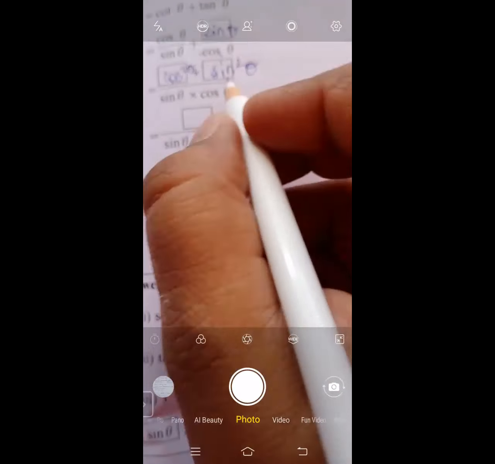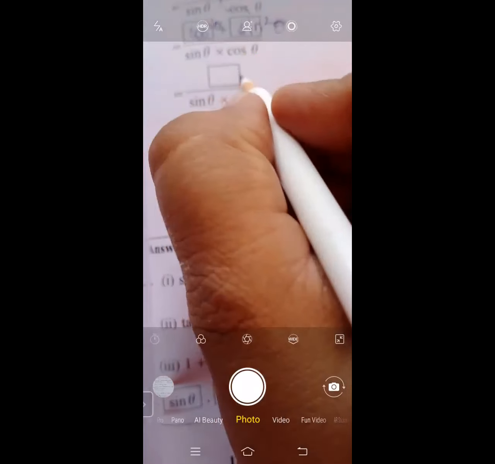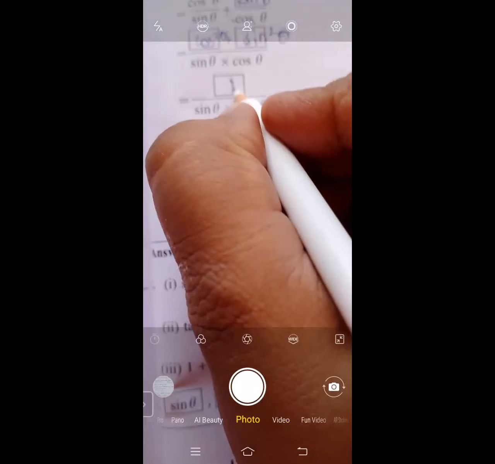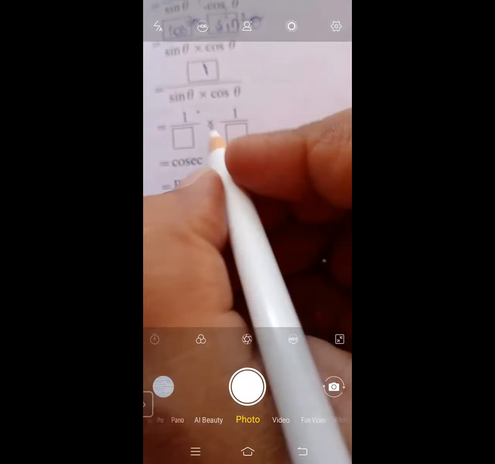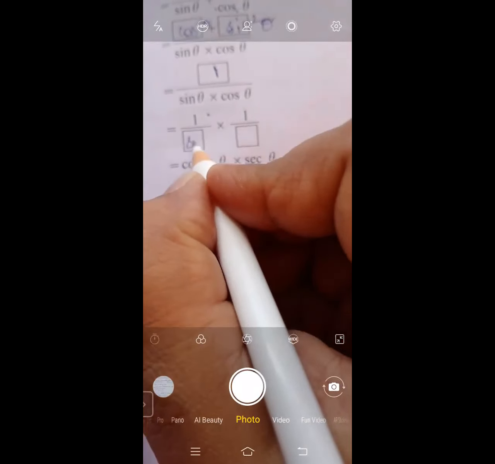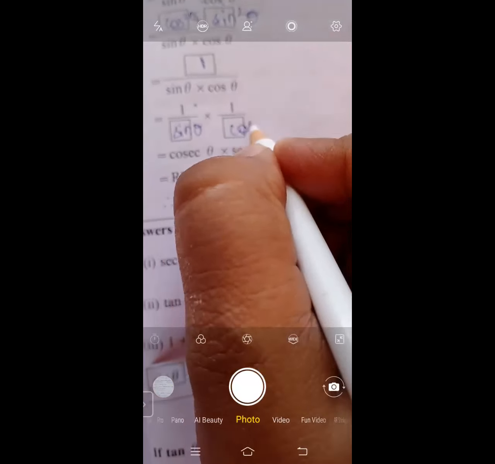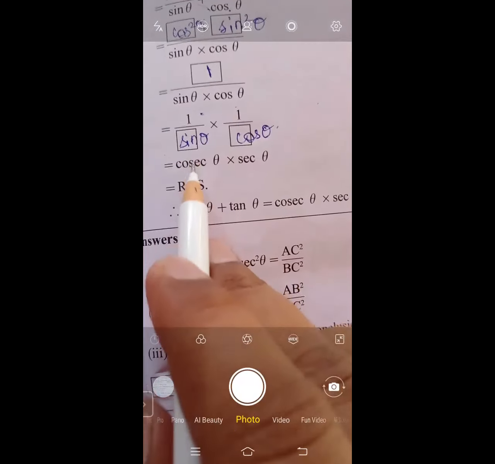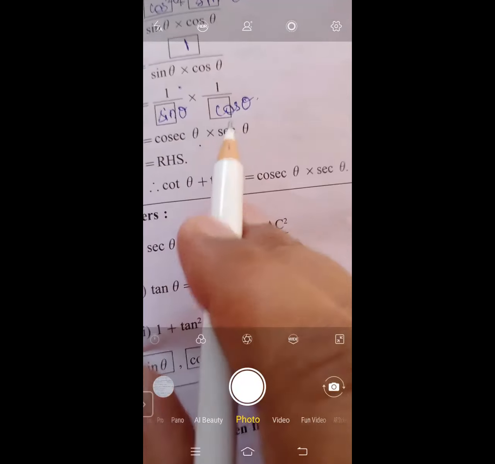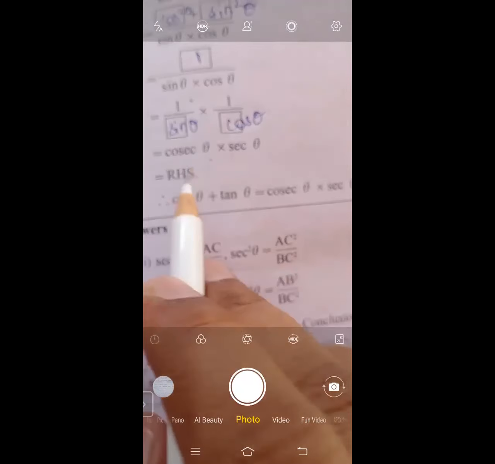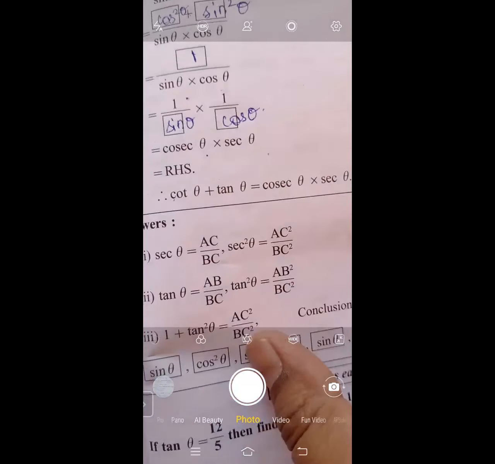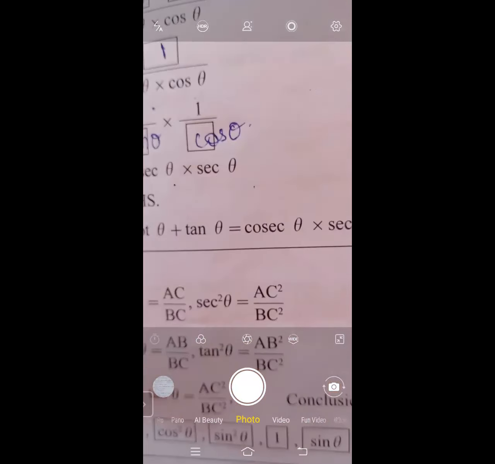So it is cos square theta plus sin square theta, which is equal to 1, divided by sin theta into cos theta. Again, they have separated them, which is 1 divided by sin theta into 1 divided by cos theta. As we know, 1 upon sin is cosec theta and 1 upon cos is sec theta, which is equal to our RHS. So cot theta plus tan theta equal to cosec theta into sec theta.